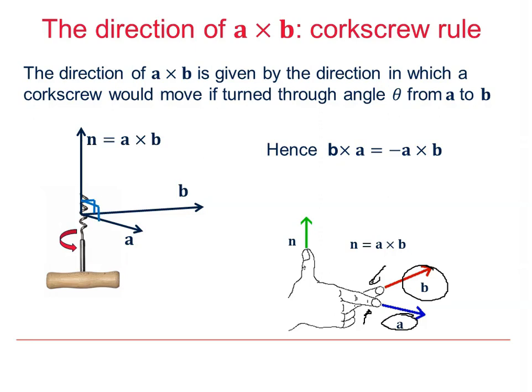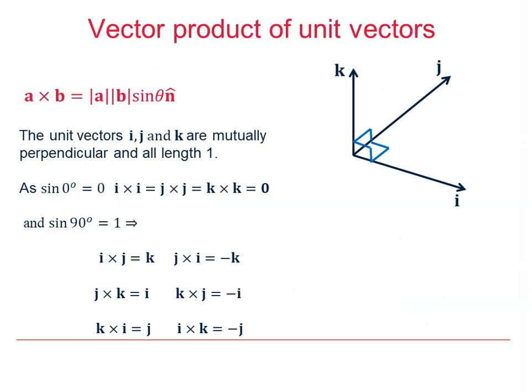I want to apply these rules now to those unit vectors that I was talking about a minute ago. We've already discussed the idea that i cross i, j cross j, and k cross k must be equal to a zero vector because sine 0 is equal to 0. Because sine 90 degrees is equal to 1, then we have i cross j must be equal to a vector of length 1. And if we think about the corkscrew rule, moving from i to j means that the corkscrew would move in the direction of k.